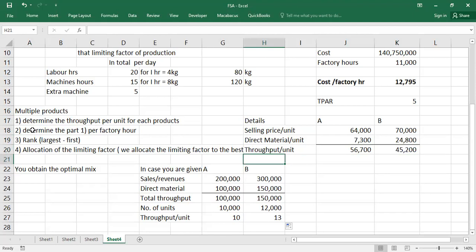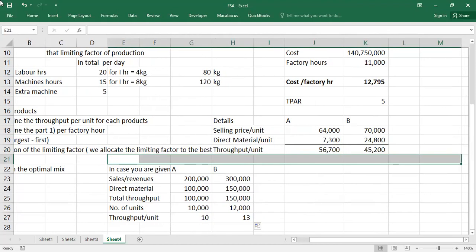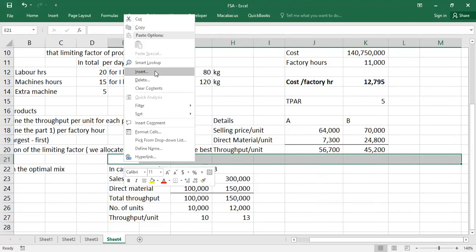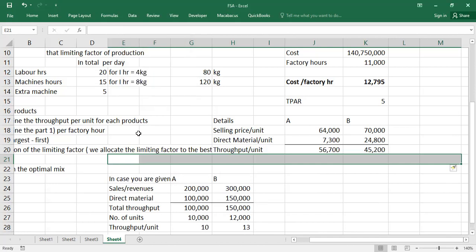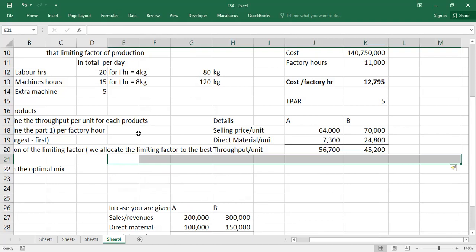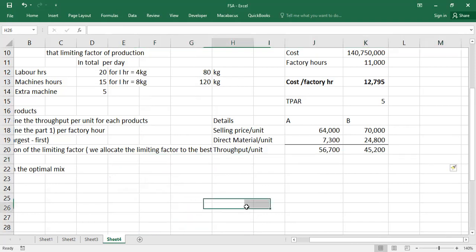You bring here the bottleneck or the factory hours.